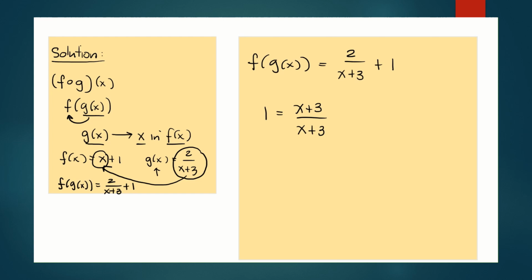We get this x plus 3 because we want to have the denominator x plus 3 for 1 as well. Other solutions could work with the LCD, which is a similar idea. But a faster way, at least for me, is to think of 1 as x plus 3 over x plus 3.